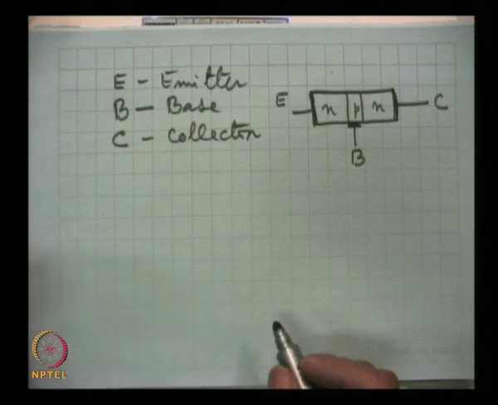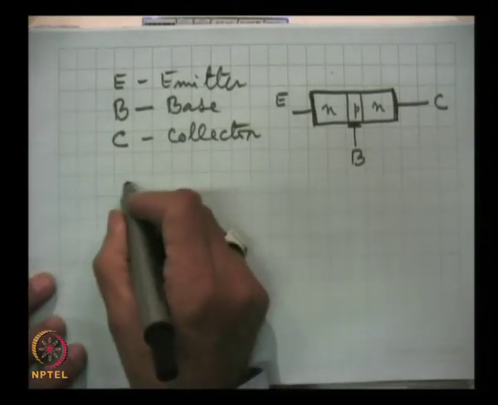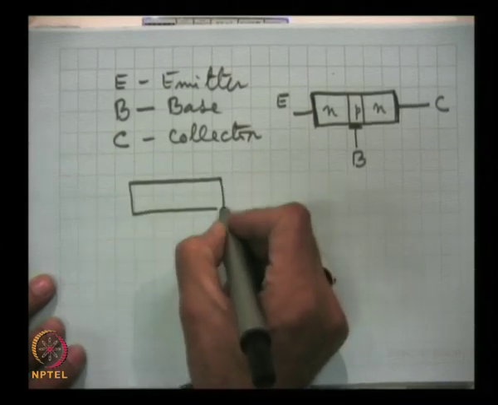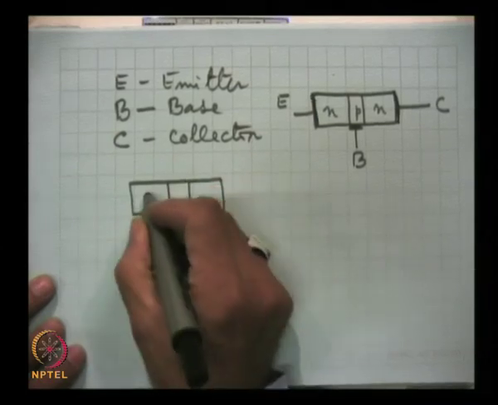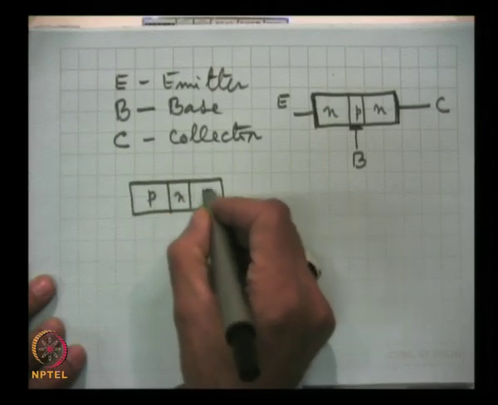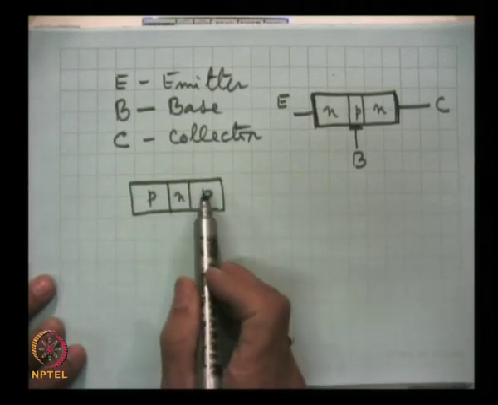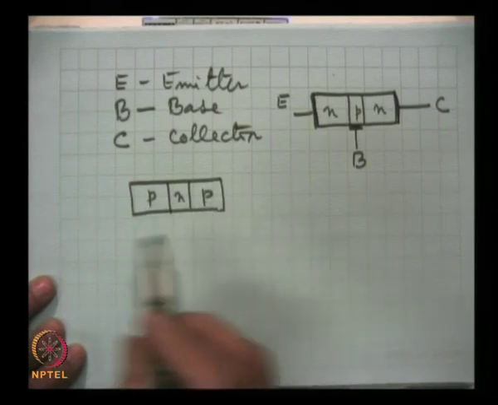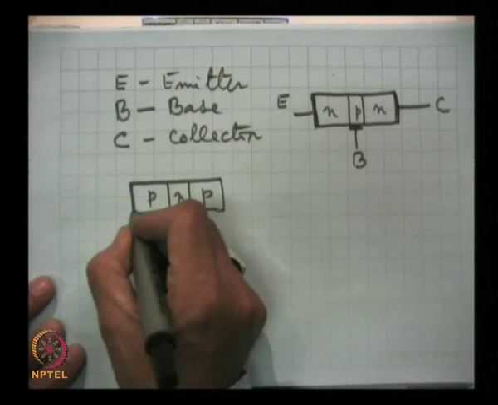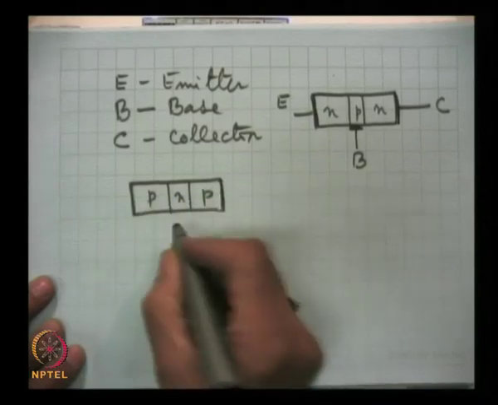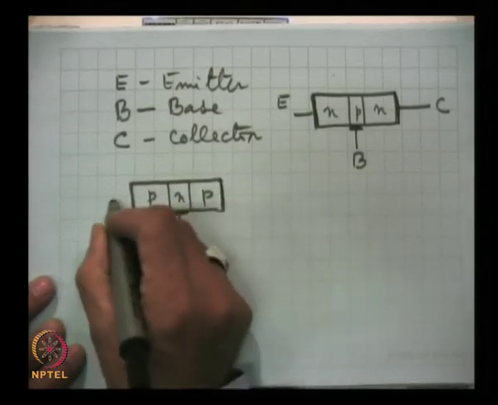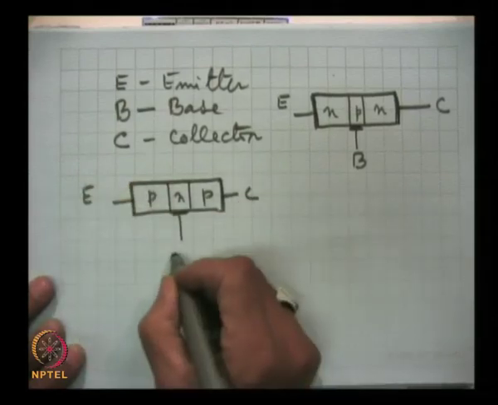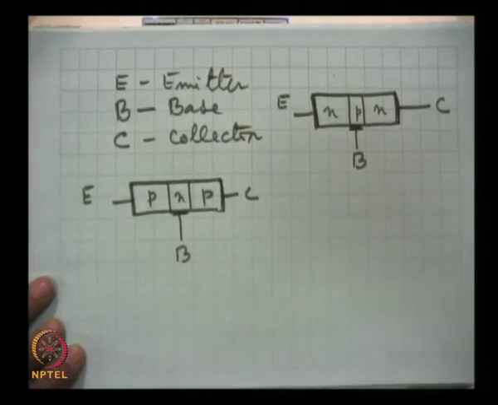And in a PNP transistor, the structure will be like this. PNP: P type emitter, N type base, and P type collector. And again here these are the ohmic contacts. This is emitter, this is collector, and this is base.